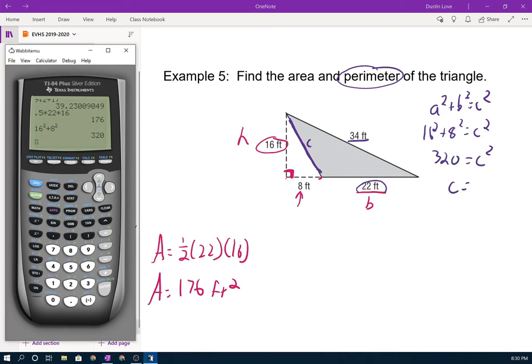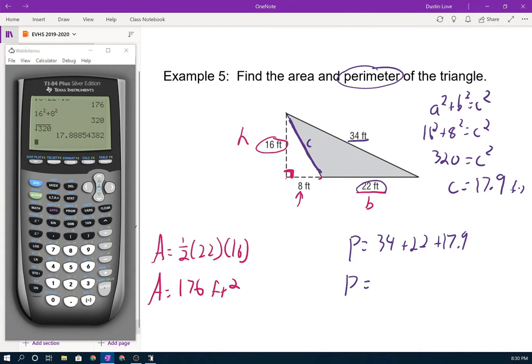Take the square root, and we get 17.9 feet. So then my perimeter is just 34 plus 22 plus 17.9, which is 73.9 feet.